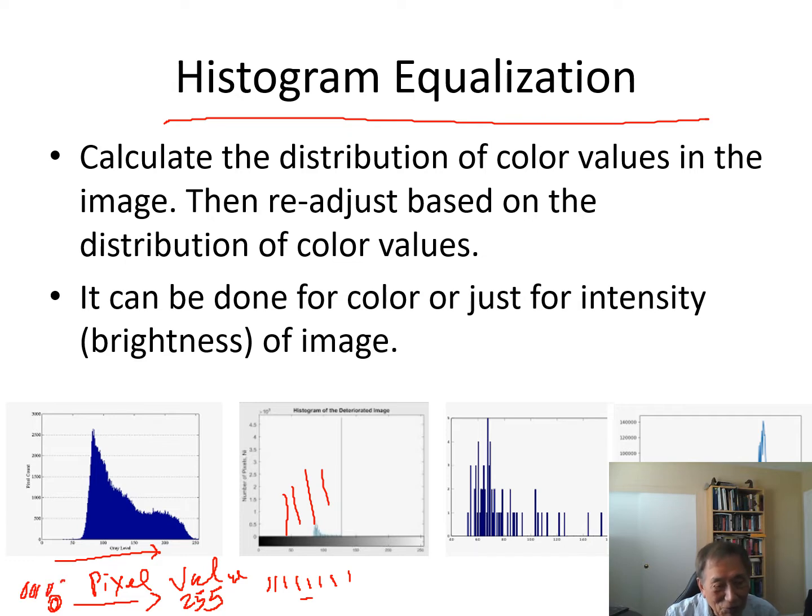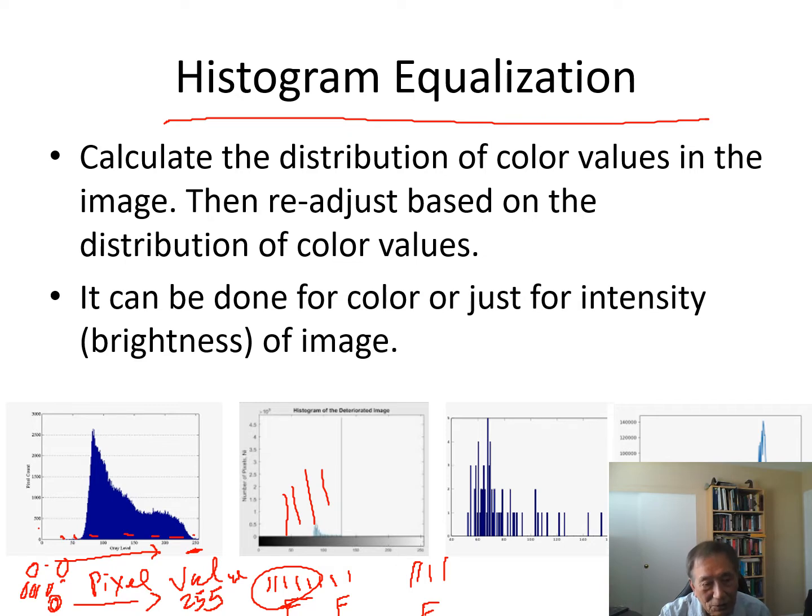Usually we go by hexadecimal, 00 here. This one is FF, right? The 1111 is F, in hexadecimal. So anyway, the value is along here, and the maximum value is 255. Then this is the frequency, how many pixels there are.